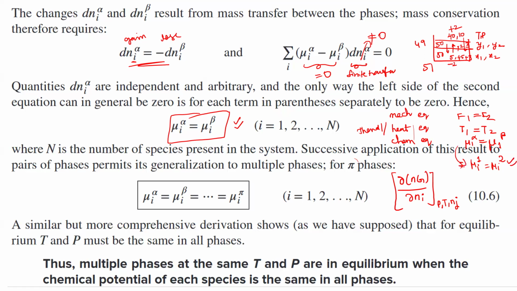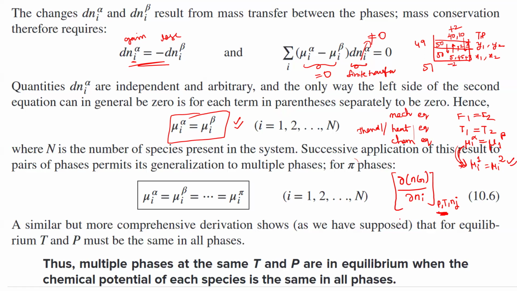I'm just correcting the above statement: μi alpha, μi beta, or else μi. So P, T, and nj. What we mean here is that at constant pressure and temperature, this μ is defined, right? So at an equilibrium, we are defining it.